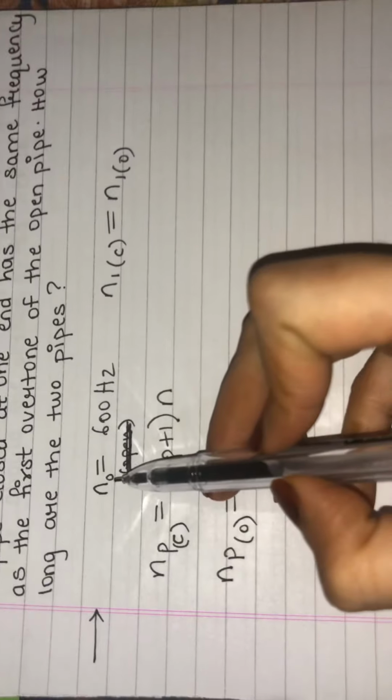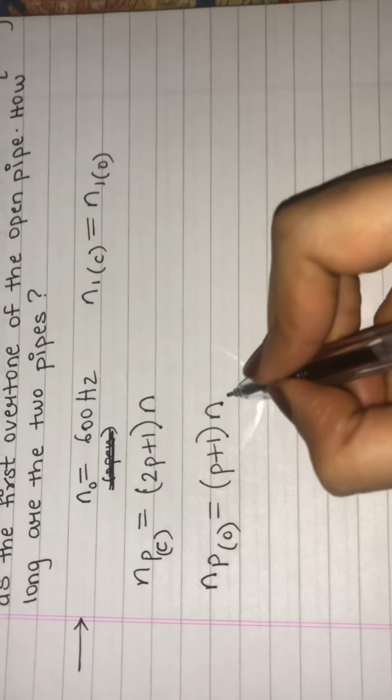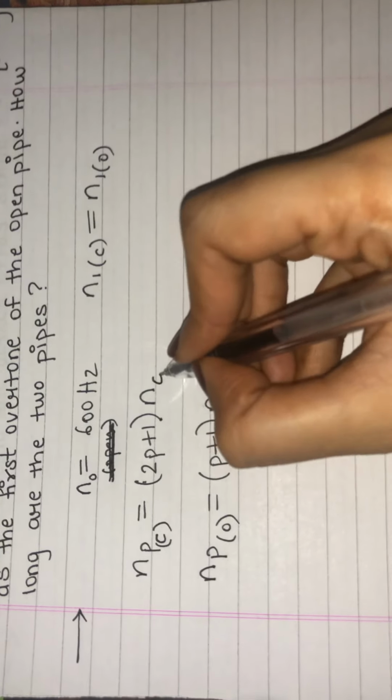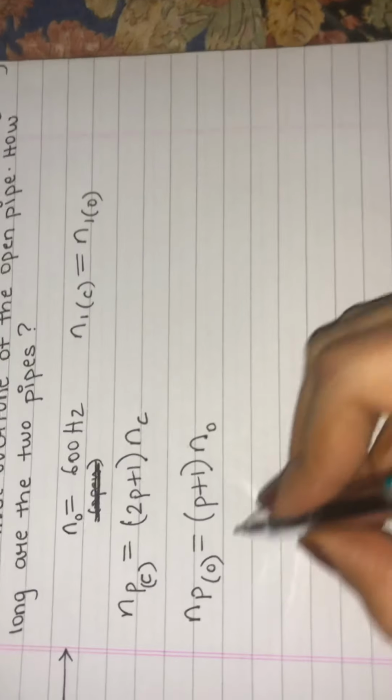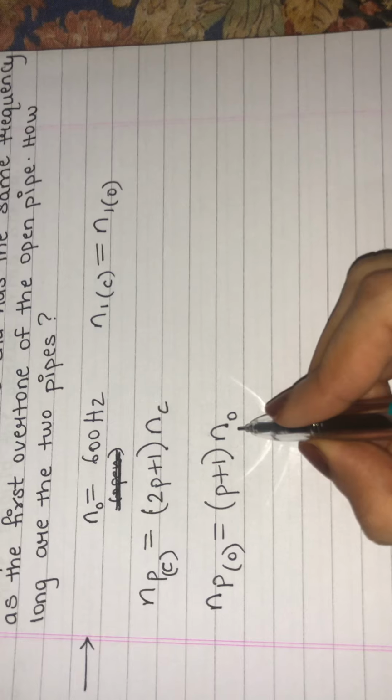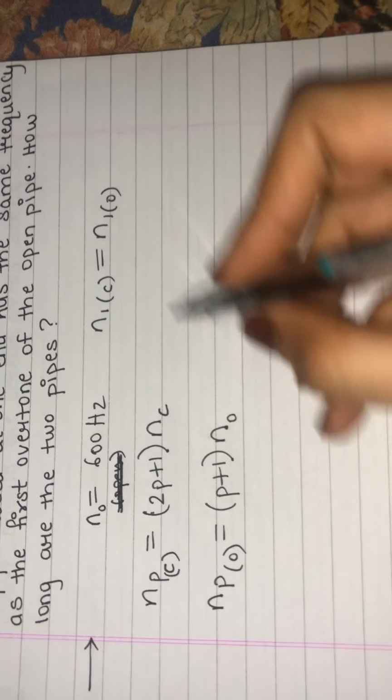Now we have the fundamental frequency of the open pipe, not the fundamental frequency of the closed pipe. Let's find out. Now we have the fundamental frequency of the open pipe, so I'll deal with this.